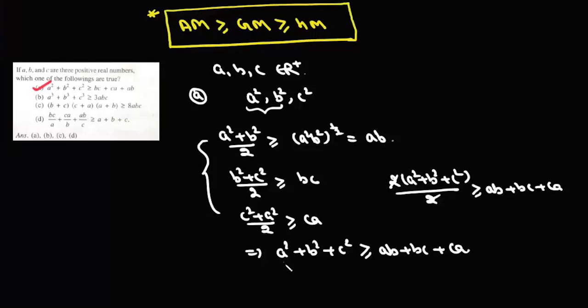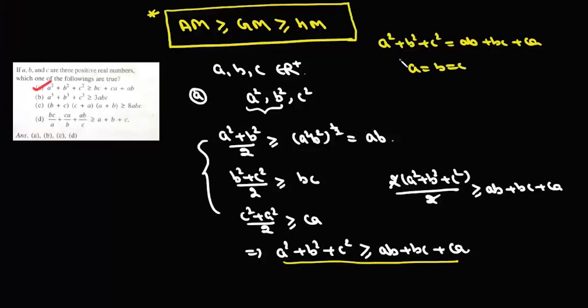Now this result is an important result in mathematics, and the version which is mostly used in JEE Advanced is this: you'll be given A square plus B square plus C square equal to AB plus BC plus CA. Now we know that we'll have this equality when AM is equal to GM, and AM is equal to GM if and only if the numbers are the same.